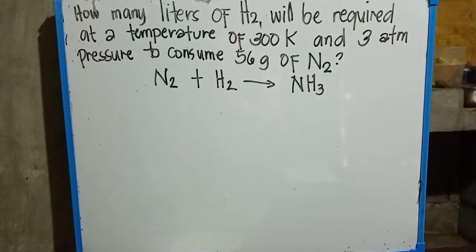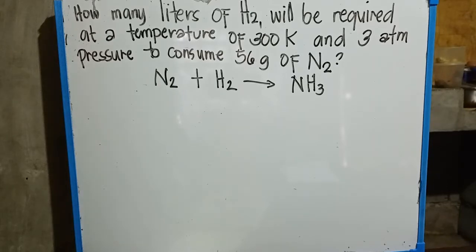So for our first example of a mass-volume stoichiometry: how many liters of hydrogen gas will be required at a temperature of 300 Kelvin and 3 atmospheres in terms of pressure to consume 56 grams of nitrogen gas?